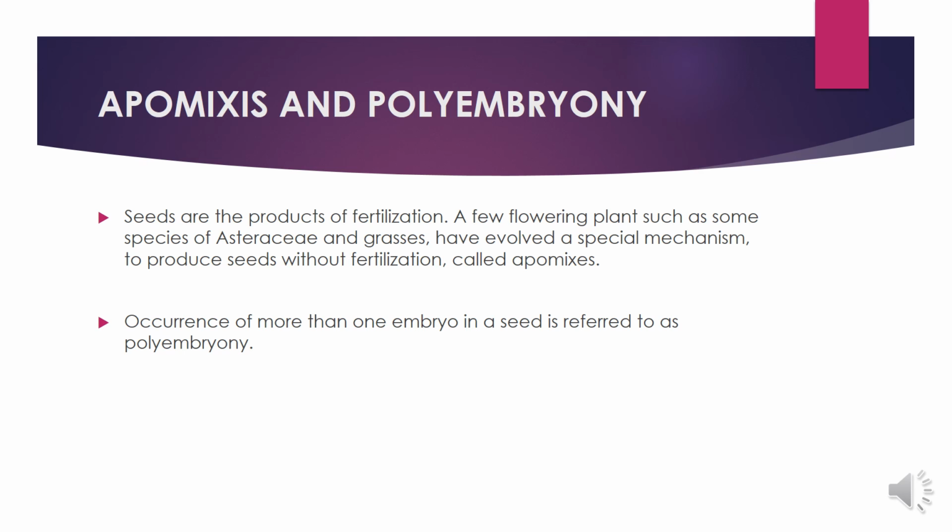We can say it is apomixis, and the occurrence of more than one embryo in a seed is referred to as polyembryony. So students, with this video I finished chapter number 2.